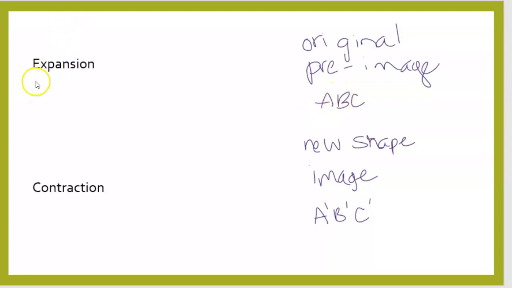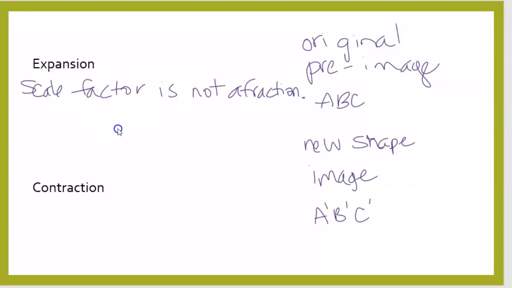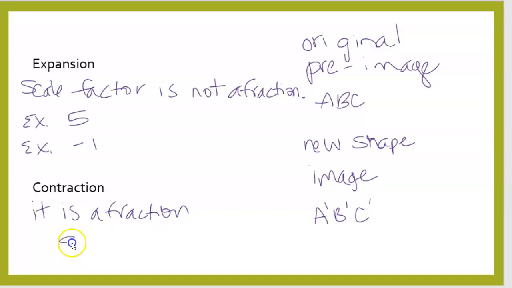An expansion is when the scale factor is not a fraction. It can still be negative, it's just not a fraction. Some examples: it could be 5, it could be -1. A contraction is when it is a fraction between 0 and 1, for example 1/2.